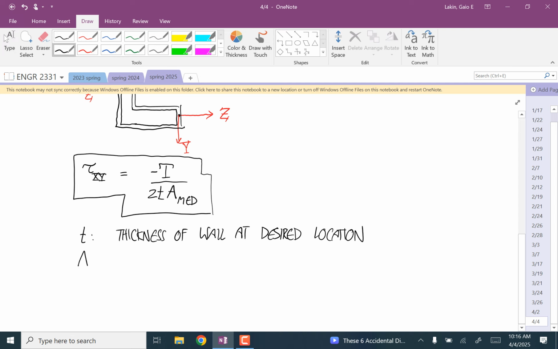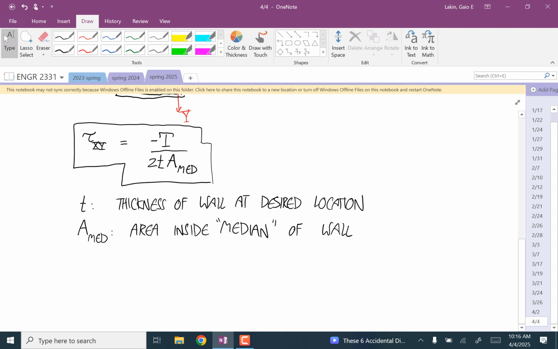And the median area is the area inside the median of the wall. All right, so what does this mean? So let me draw a general shape. I'm drawing the wall a little thicker than it probably should be just to get this point across.